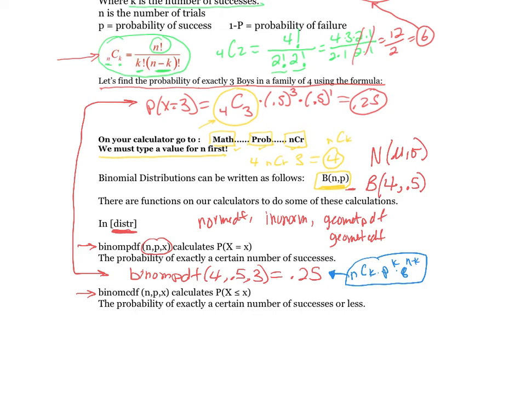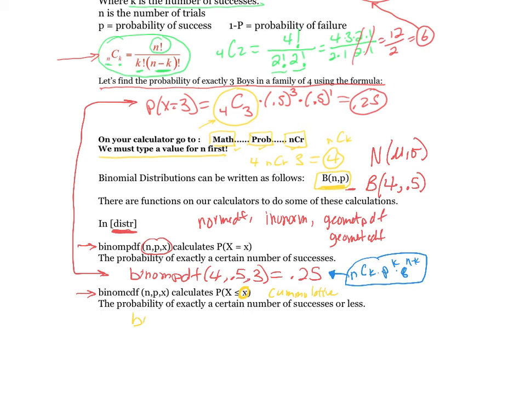There's another command called binomial CDF, and the C stands for cumulative, which means that we'll be looking for getting the success on or before whatever the X stands for.